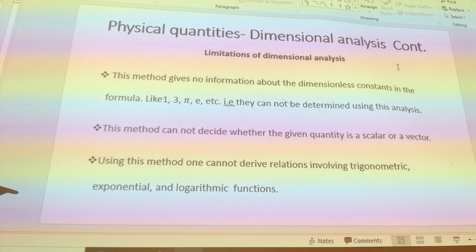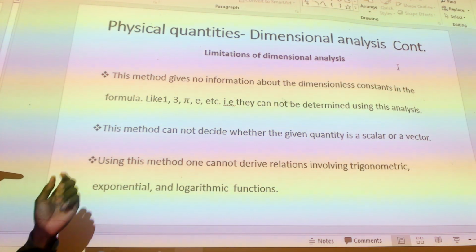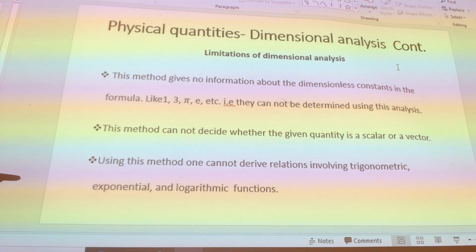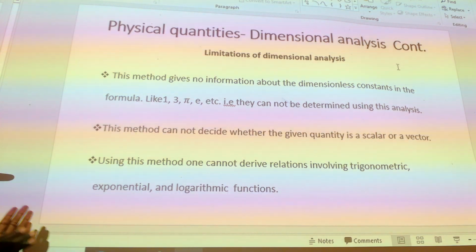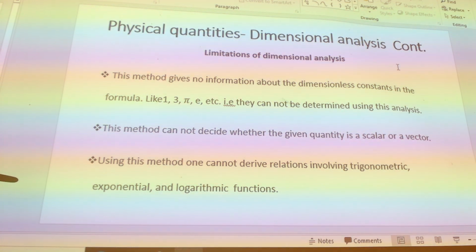The moment you see a dimension, you can simply tell, oh, this dimension is a scalar quantity, or this dimension is a vector quantity, unless it is different. Because if you have LT^-1 and LT^-2, we know that LT^-1 can be either speed or velocity, while LT^-2 can be simply acceleration.